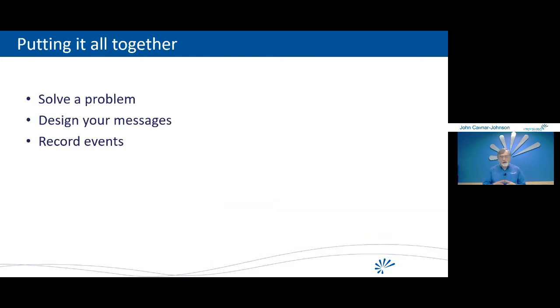So let's put this all together. We'll have some time for questions here at the end. If you want to approach this, the way I'm going to suggest you do it is solve a problem. When you find out that that problem is solved, go to the next problem. Do this within the context of your overall architecture, your whole approach to building the new system.